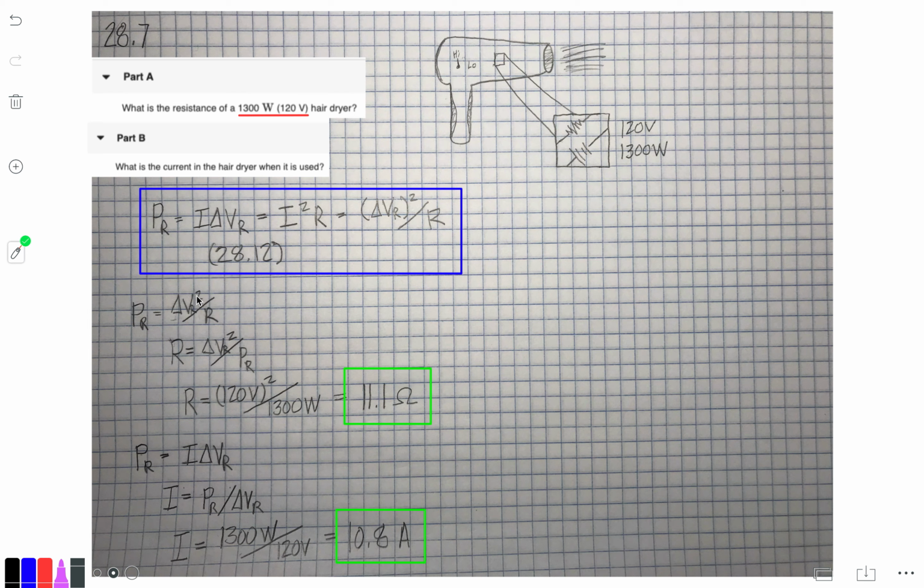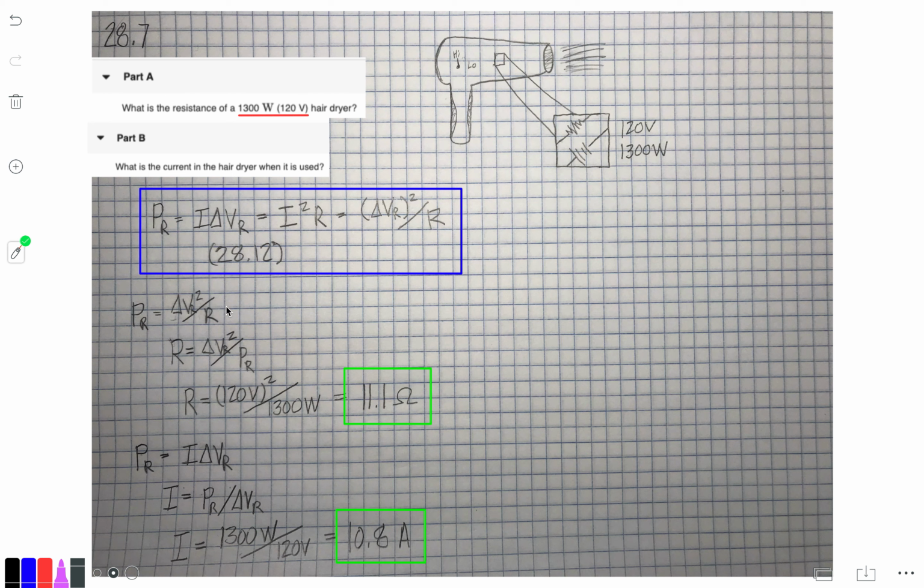What we're going to do is plug in 120 volts, this is the potential difference of the resistor, and then our power is going to be below here, and our power is 1300. So I think we end up with a different number, this is rounded for Mastering Physics, but it's 11.1 ohms.